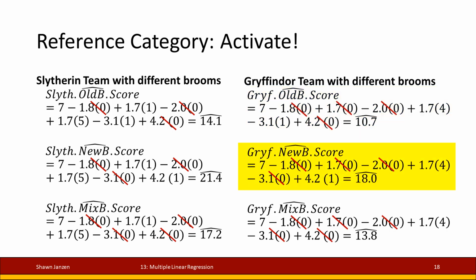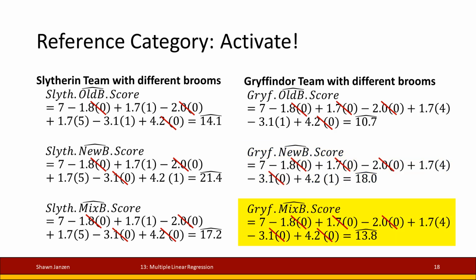In the new brooms, in the middle there, we have, again, the 3 houses are zeros. They all cancel out because we're looking at the Gryffindors. The old broom coefficient cancels out. The new broom coefficient is active because we're predicting the new brooms. Then when we get to the mixed brooms, again, we're going to cancel out all of the houses.